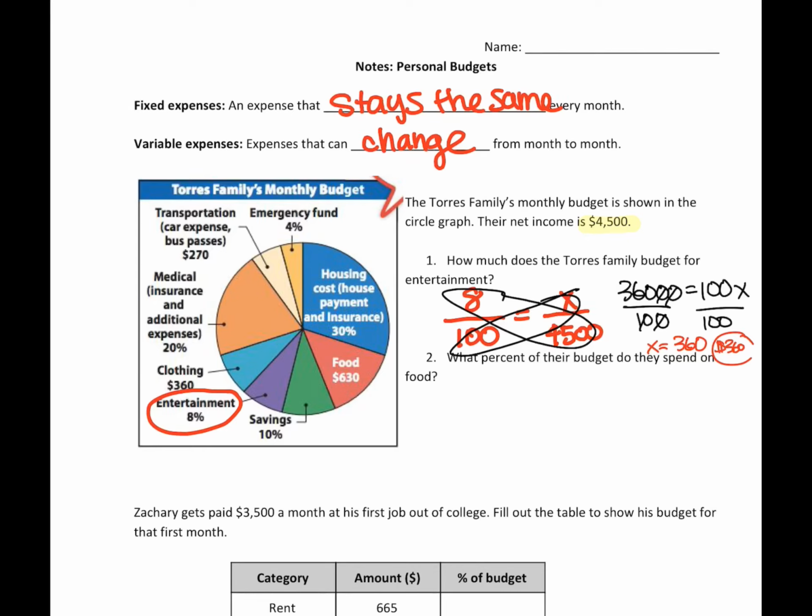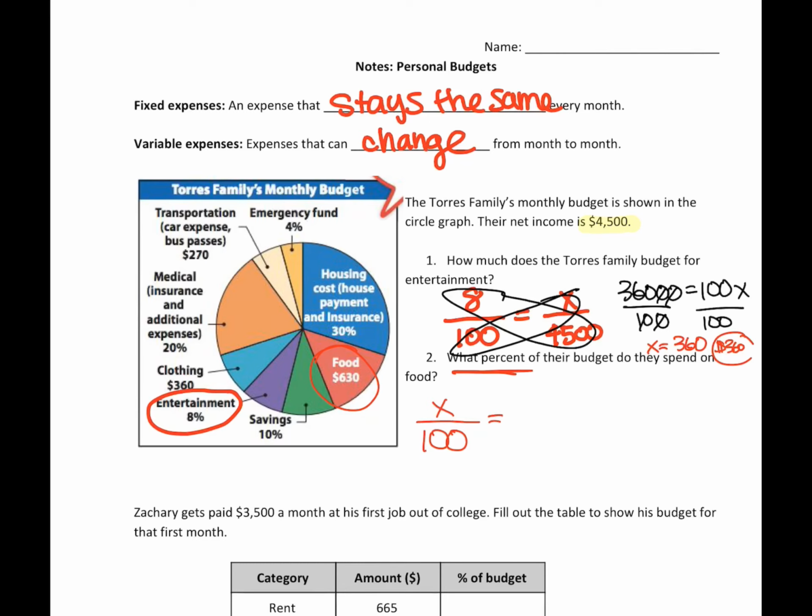Number two, it says what percent of their budget do they spend on food? So we're going to look for food, and now it's given us the amount that they spend. So it says what percent. Automatically, we should know that it's x over 100 because we're looking for the percent this time.